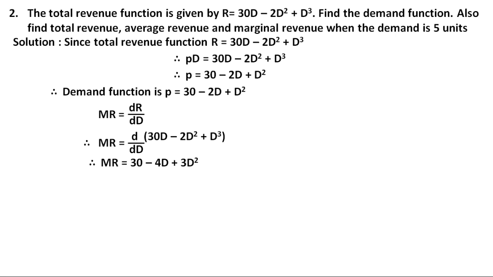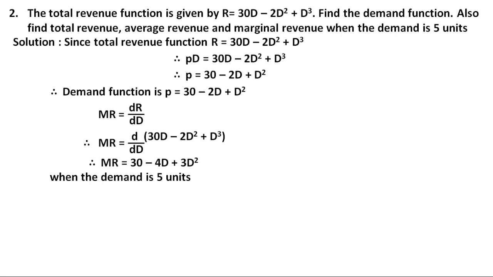Is it clear? Now next, when demand D is equal to 5 units, you have to find the total revenue, average revenue and marginal revenue.